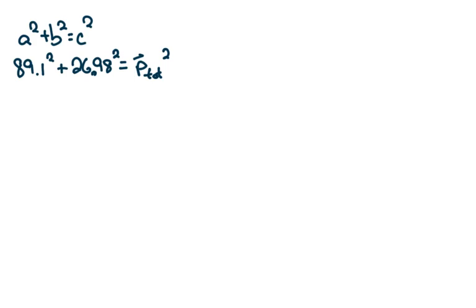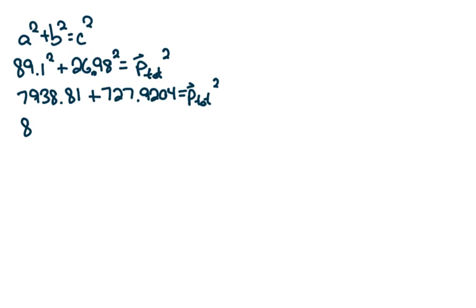Doing the math on this, 89.1 squared is 7,938.81. 26.98 squared is 727.9204. Add those together, we get 8,666.7304.